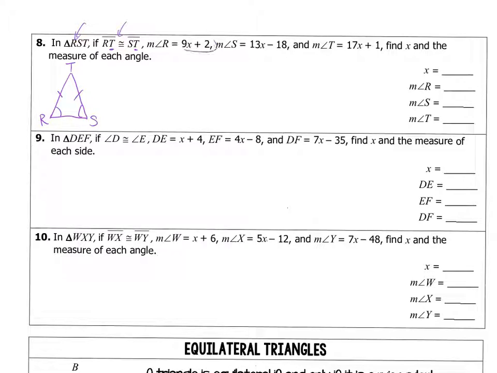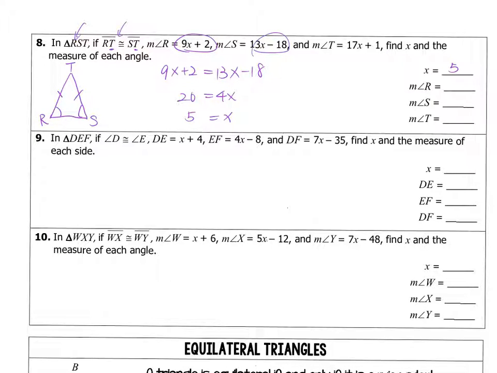Angle R is right here, angle S is there, and angle T is on top. I'm asked to find x, so that should be pretty easy. The measure of angle R should equal angle S. So I should have 20 and 4x, and x comes out to be 5.